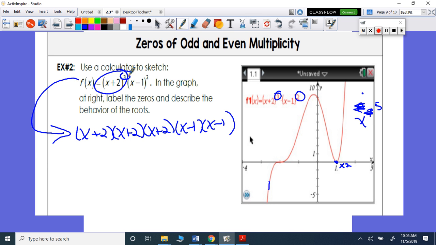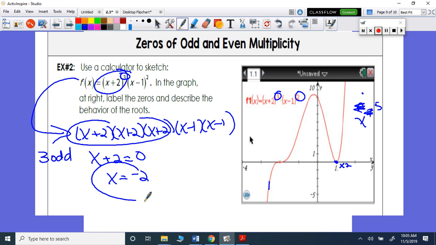Do you agree 3 is an odd number? So that tells us when we find that root or that 0, it's going to cross through the axis. It doesn't mean that it's going to hit -2 3 times. All that odd number 3 tells us is it's going to go to -2 and cross through it.